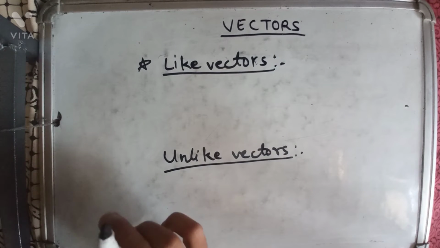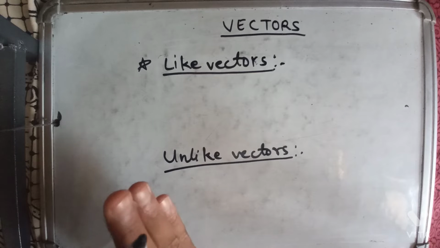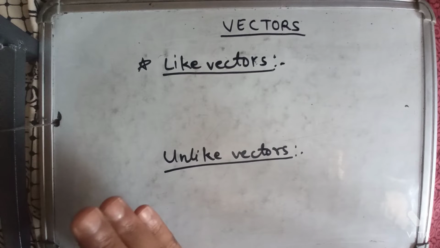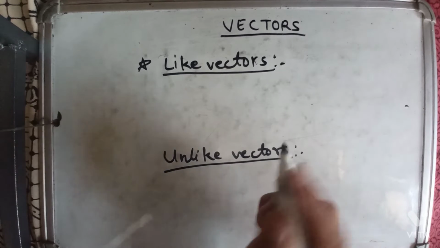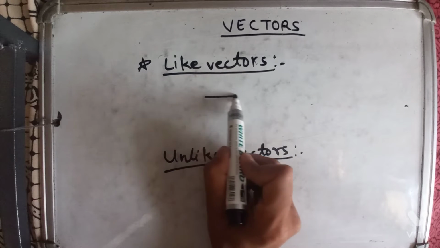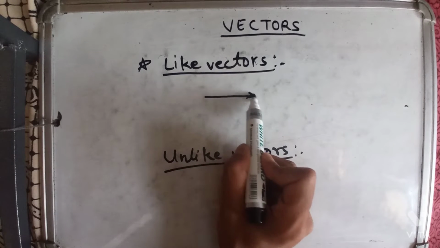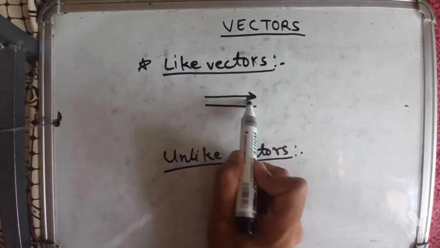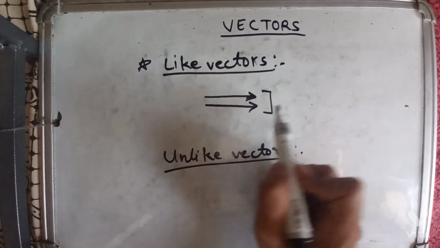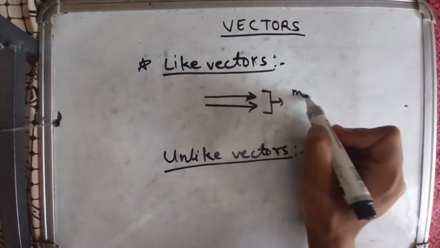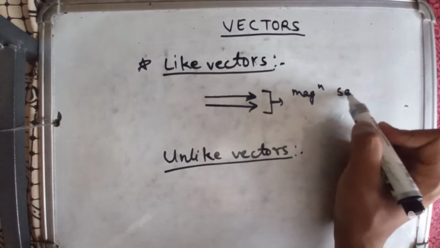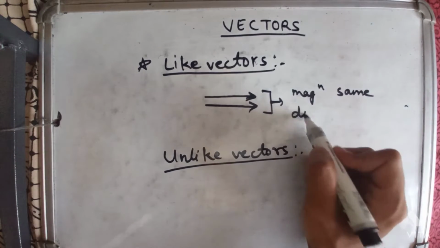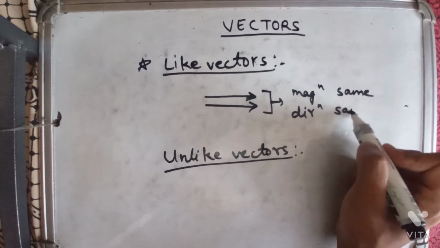Now we see there are two kinds of vectors, like vectors and unlike vectors. What are like vectors? This vector and this vector will be like vectors when their magnitude is the same as well as their direction is the same.